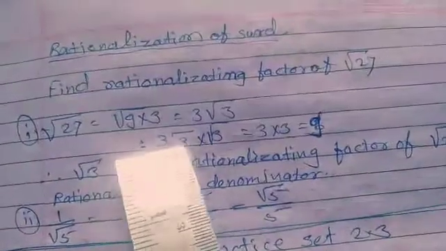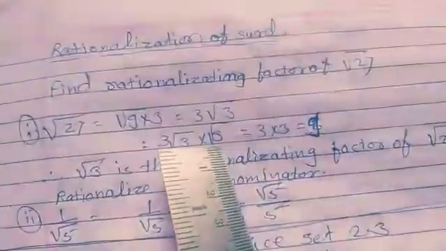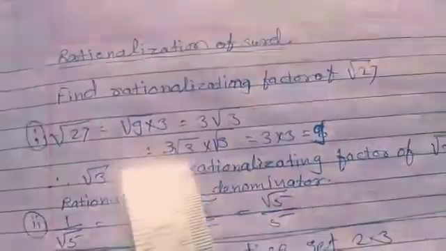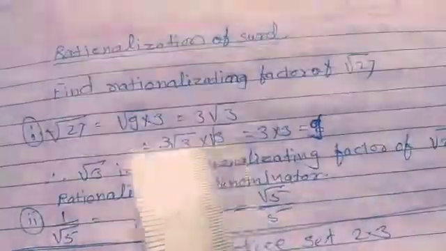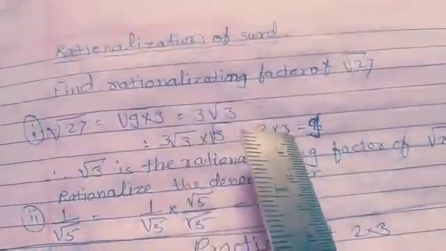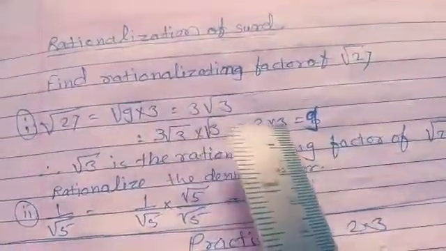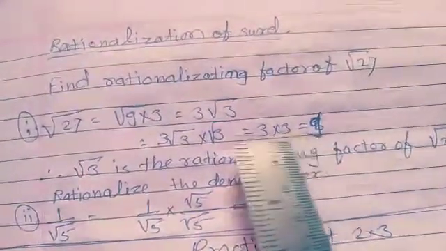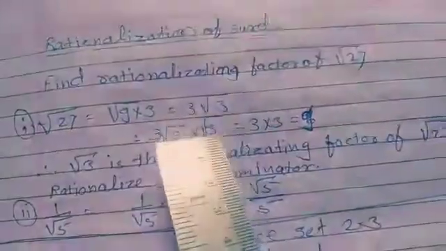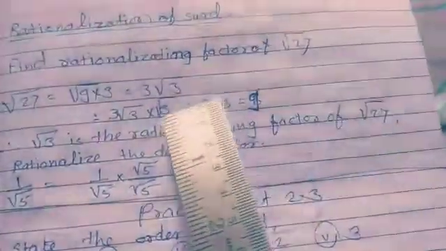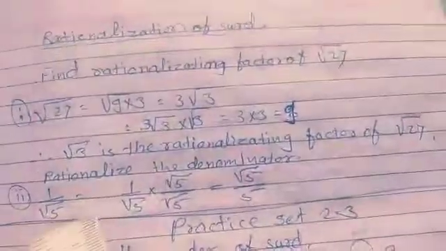Therefore, 3 root 3 times root 3: root 3 times root 3 makes 3, and 3 into 3 is 9. The answer is 9. Therefore, root 3 is the rationalizing factor of root 27.